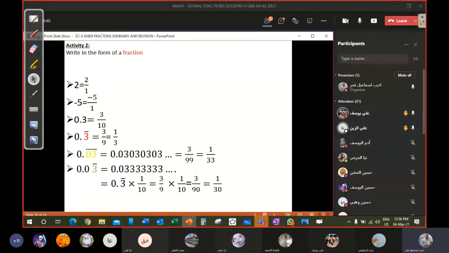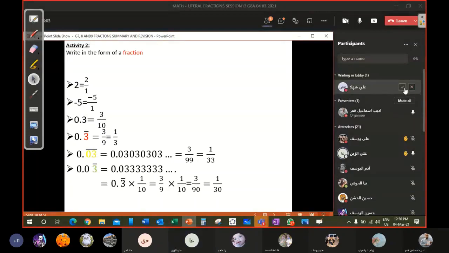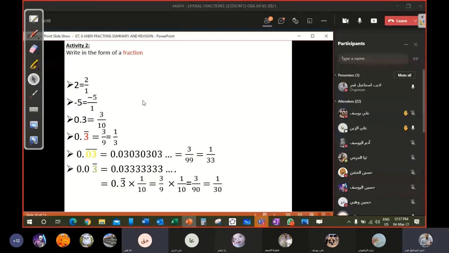We have worked on this activity last time. Write in the form of fraction. 2, we can write it 2 over 1. Minus 5, we can write it minus 5 over 1. 0.3 is 3 over 10. 0.3 period is 3 over 9.